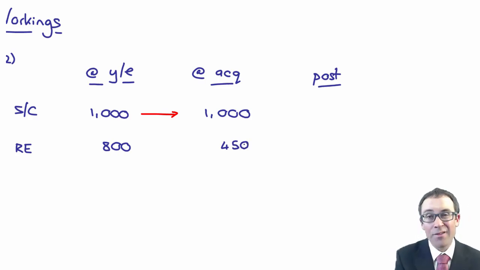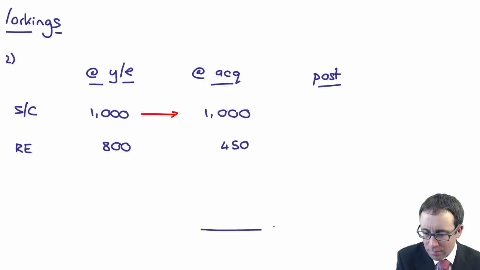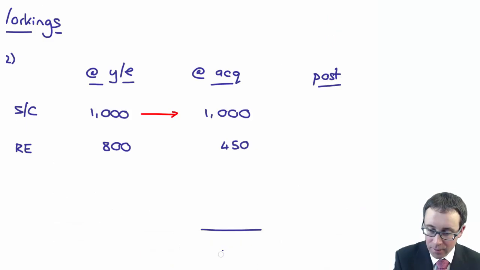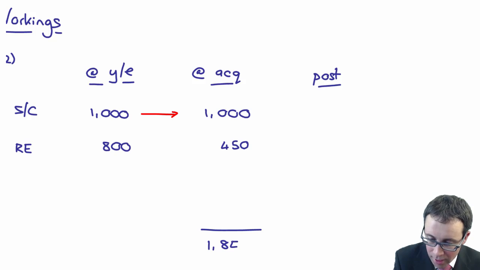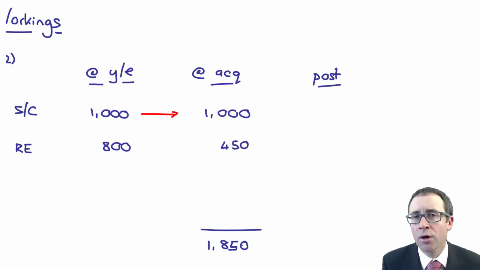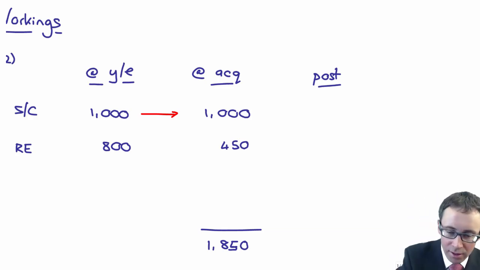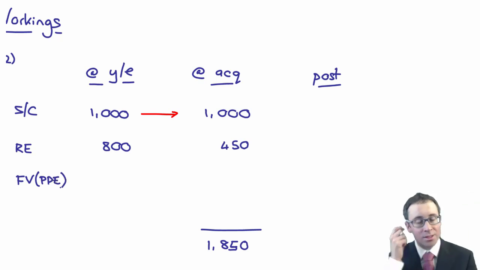Okay. Leave yourself 2 or 3 lines, because we're also told, aren't we, that the fair value of the net assets is 1850. So that needs to total 1850, isn't it? Does it total 1850? No. What does it give us? Yeah, 1,450. So we've got a fair value adjustment. It specifically says within the question that that's for PPE, isn't it?